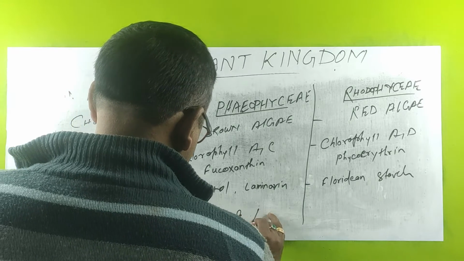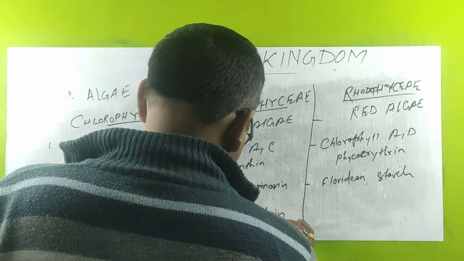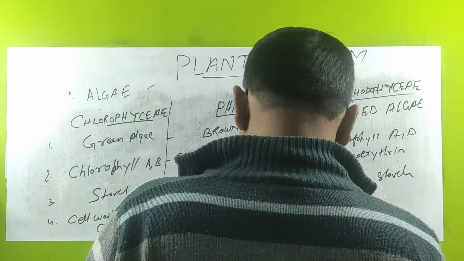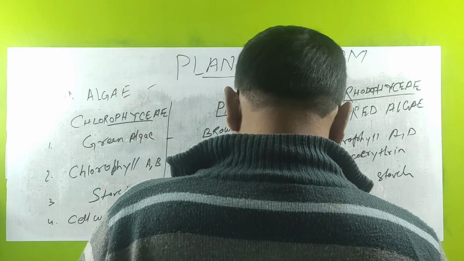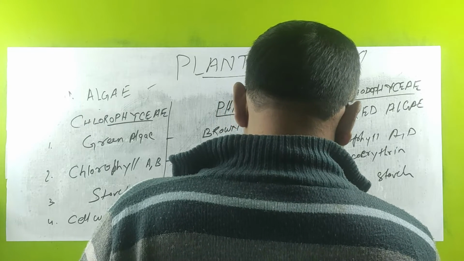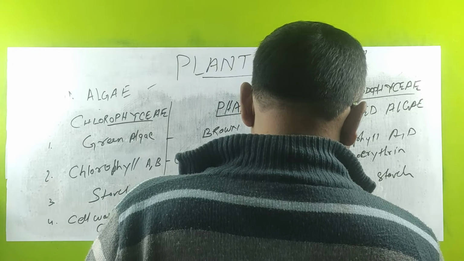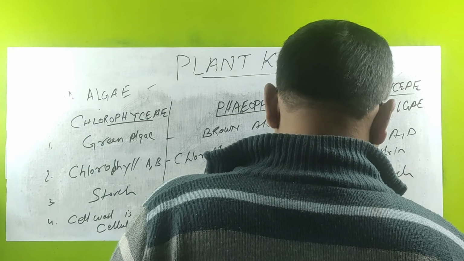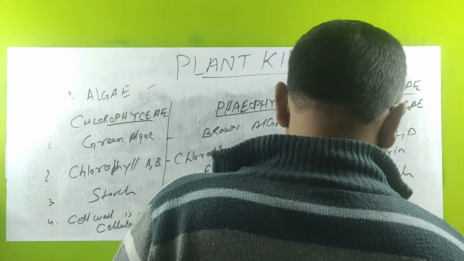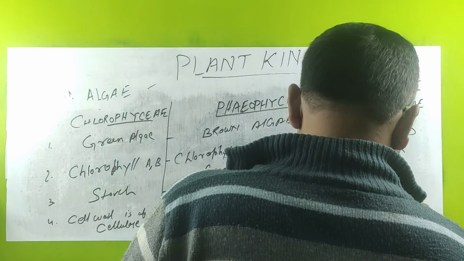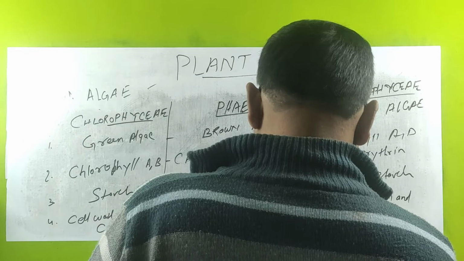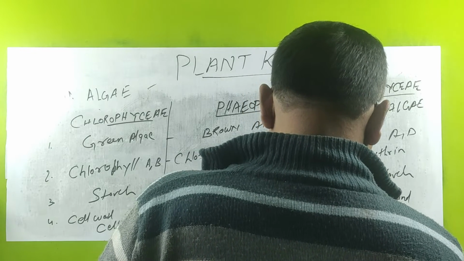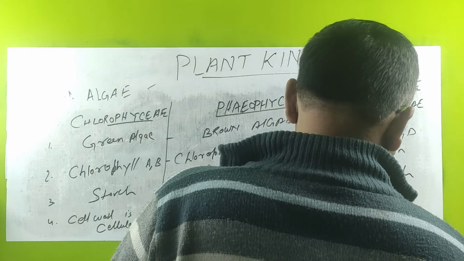In red algae, it is of cellulose, pectin and polysulphate esters.